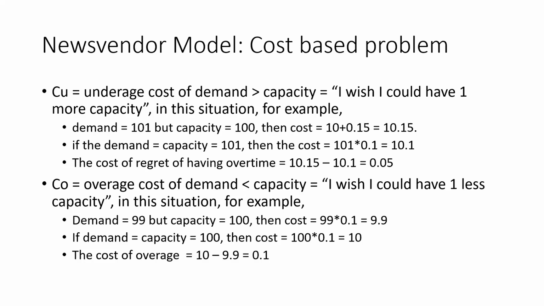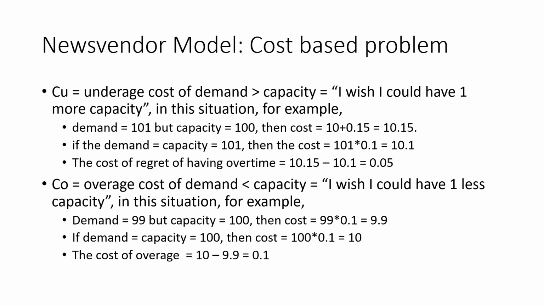Then CO is overage cost. It's overage cost of demand less than capacity. It means I wish I could have one less capacity. So for example, if demand is 99 but capacity is 100, then cost is going to be 99 times 0.1, which is 9.9.